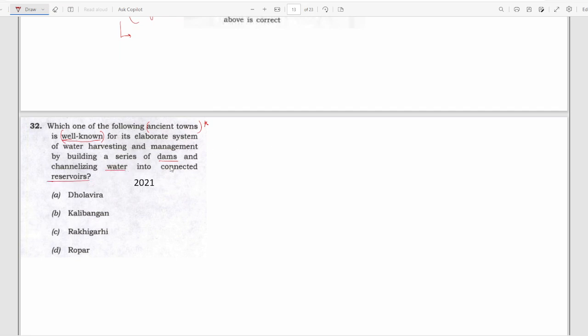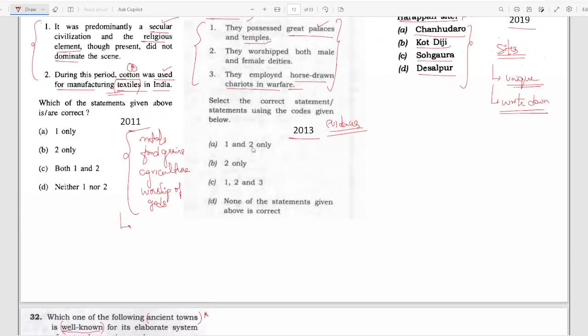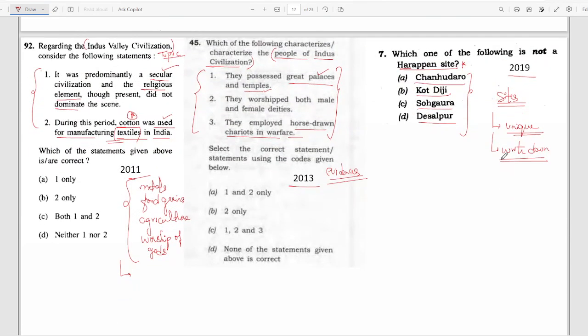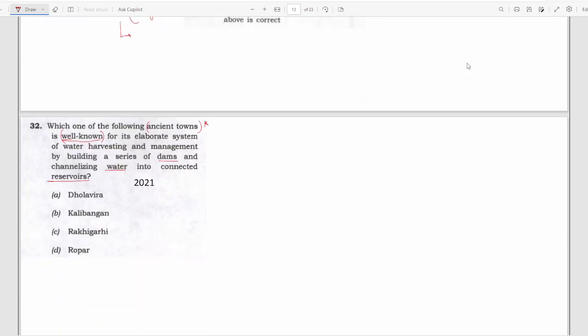Again, whenever you are going through, for example, there was a hint here, they talked about various Harappan sites, and then in 2021 they were talking about ancient towns which were well known for an elaborate system. So these are not simple things, these are very unique and very differentiating features of this particular town.